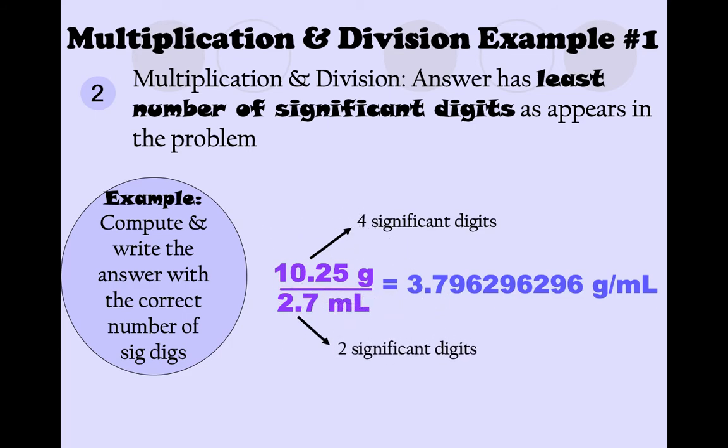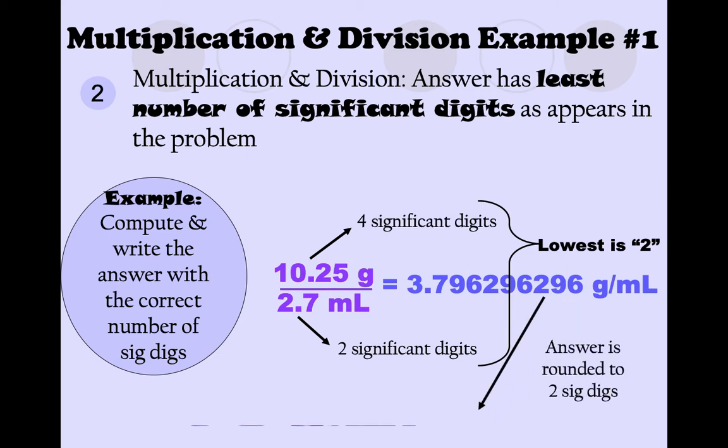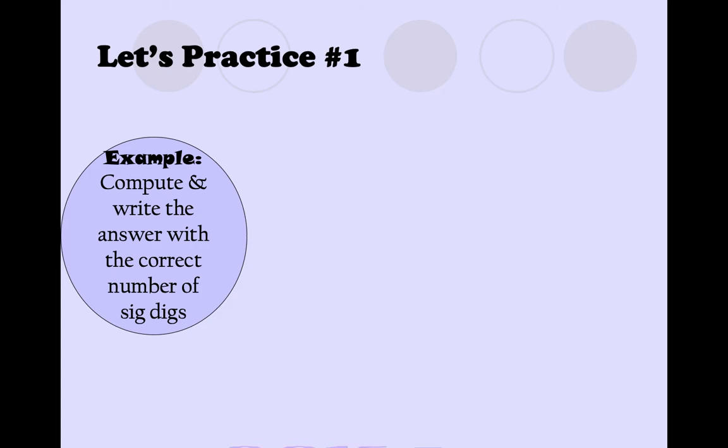And again, we are picking the lowest number of significant digits, which is 2. So we would be rounding our big long answer here to only 2 significant digits. So 3.796 blah blah blah would round to 3.8.